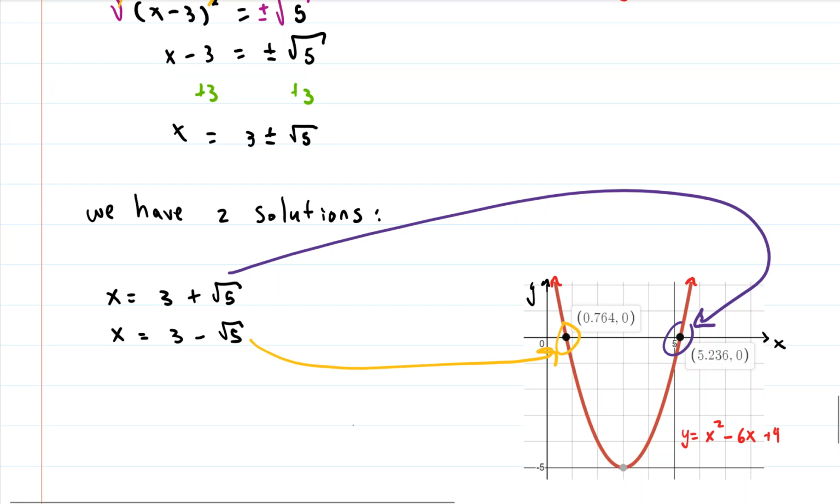So if you put 3 plus root 5 into your calculator, you would get about 5.236. And if you put 3 minus root 5 in your calculator, you'd get approximately 0.764. So there you go.